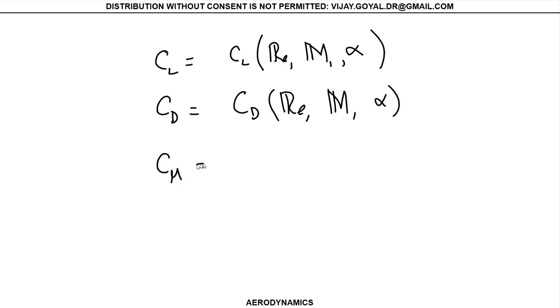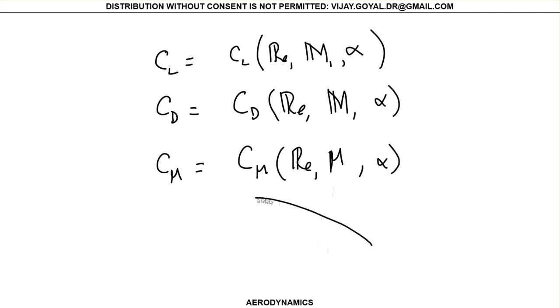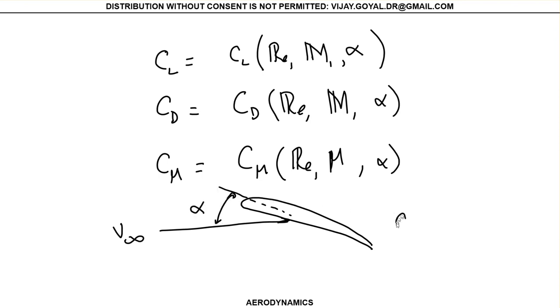And your moment is going to be a function of your Reynolds number, my Mach number, and my angle of attack. And if you're wondering what the angle of attack is, I have my airfoil at the angle at which my speed is hitting my aircraft. This angle right here is called the angle of attack.